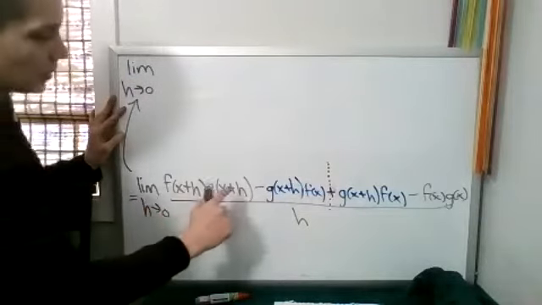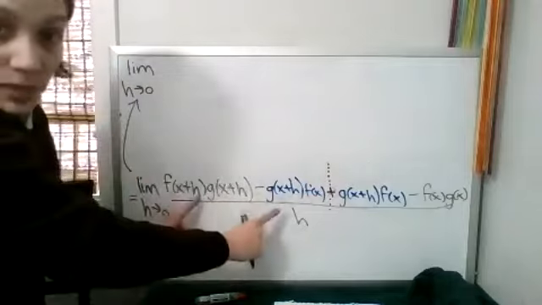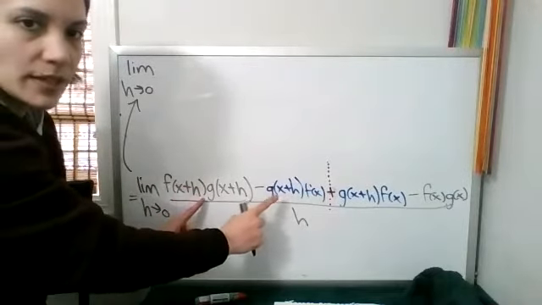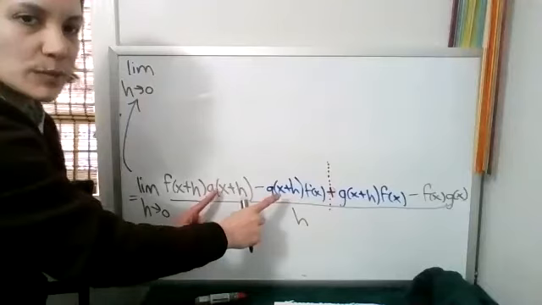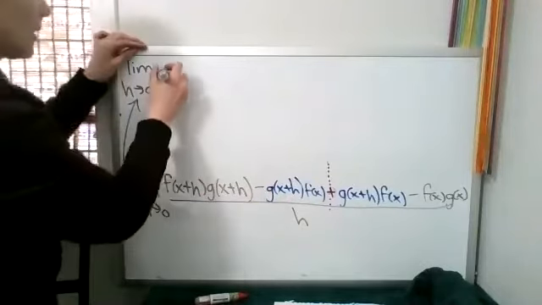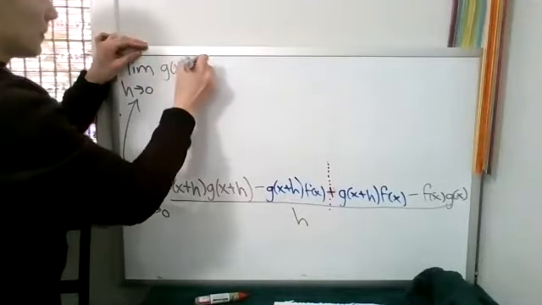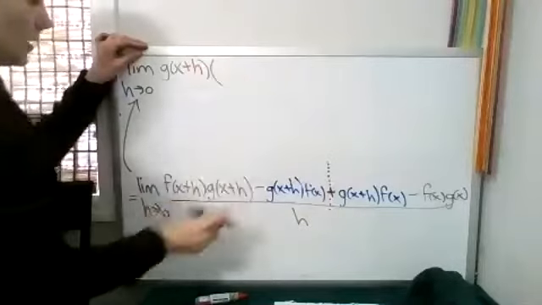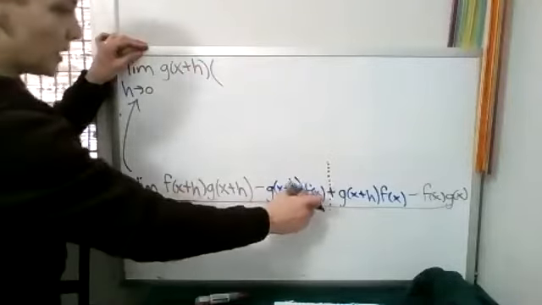When we do this piece from the numerator, we will factor out g of x plus h to the side, times f of x plus h minus f of x.